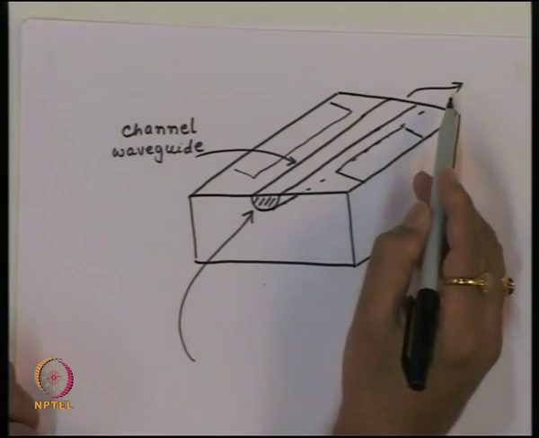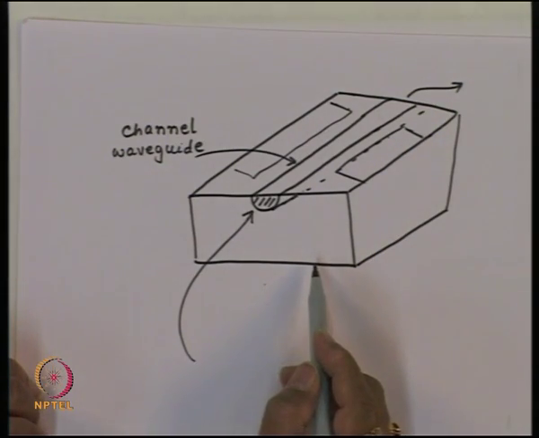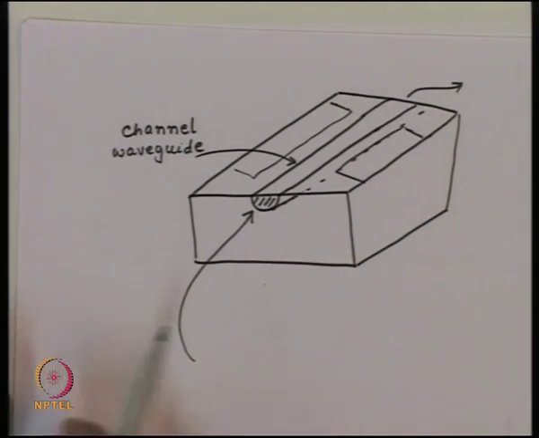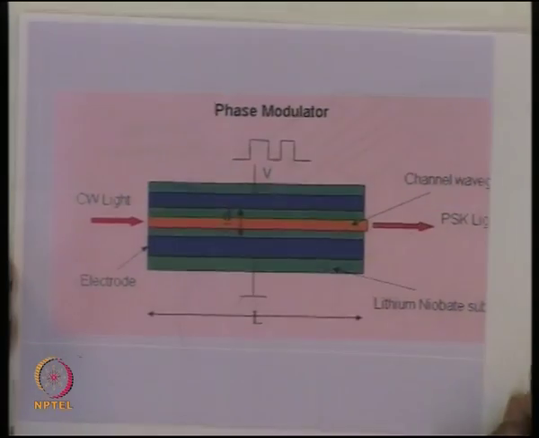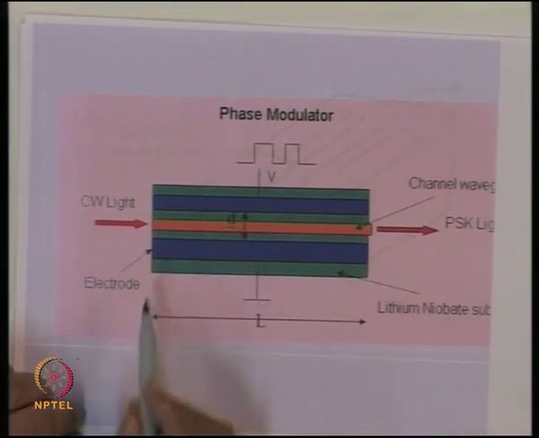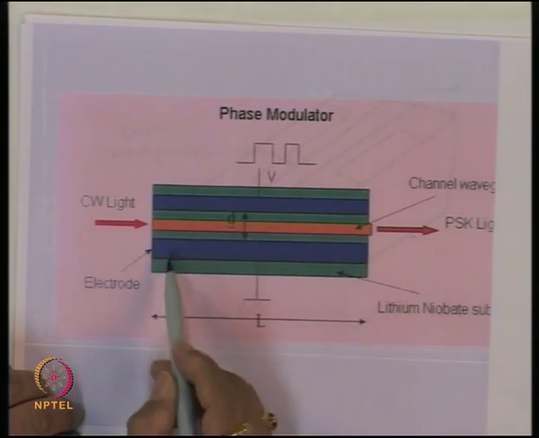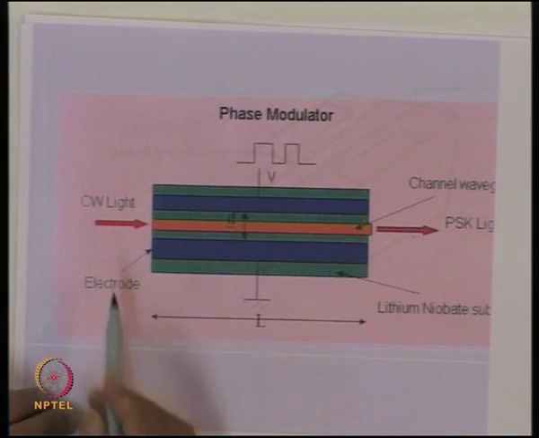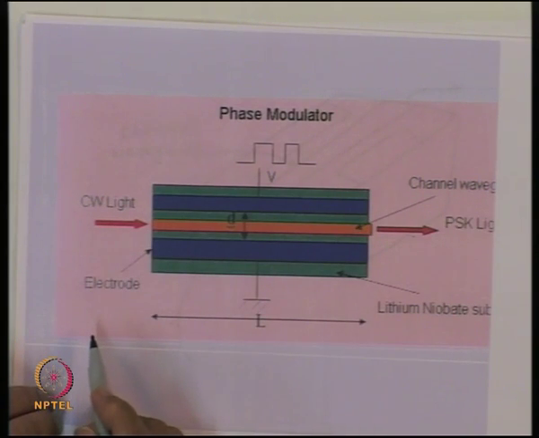So now you get a change in the phase of the light here, depending upon whether the field was present or not. And that's what precisely is shown here, that you have this channel waveguide, and these are the metal coatings, what I call the electrodes. The light is input from this side, which is continuous wave.